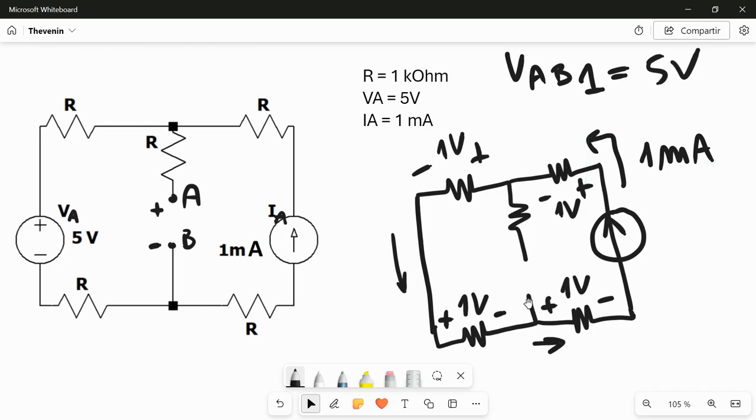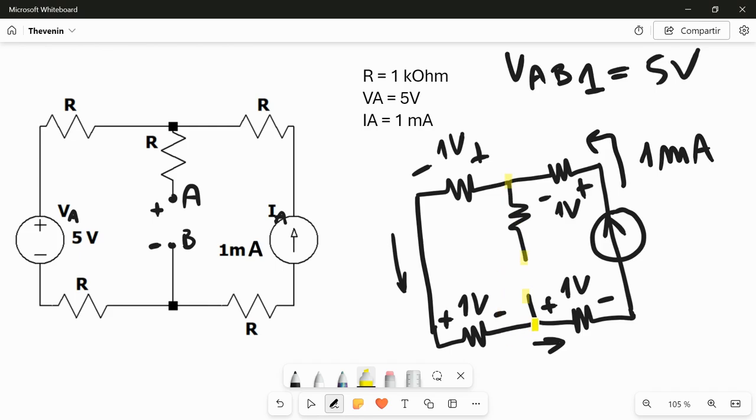So my question was, what is the voltage difference between this point and this point? Well, here I have no current flowing, so I have equipotential behavior. The voltage here will be equal to the voltage here because there is no current flowing in this resistor, so there is no voltage drop here.